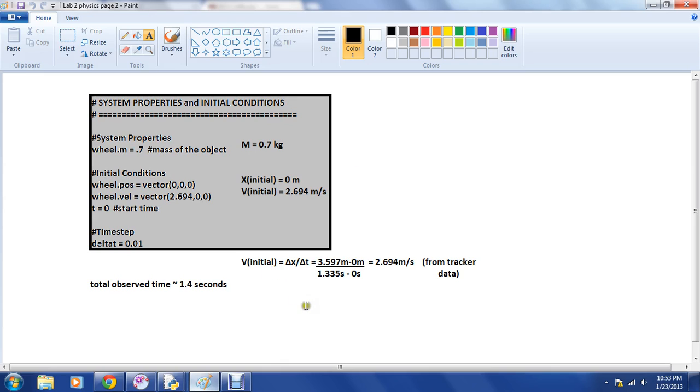That average velocity was calculated by taking the change in position over the change in time. You can see right here, and this is information I took from Tracker data. And the total video, like I said earlier, is a little less than 1.4 seconds long.